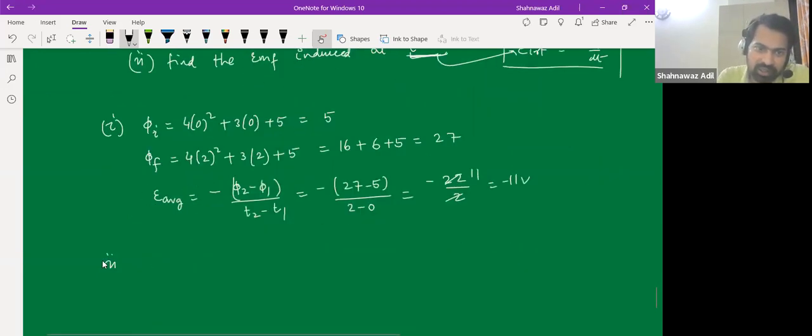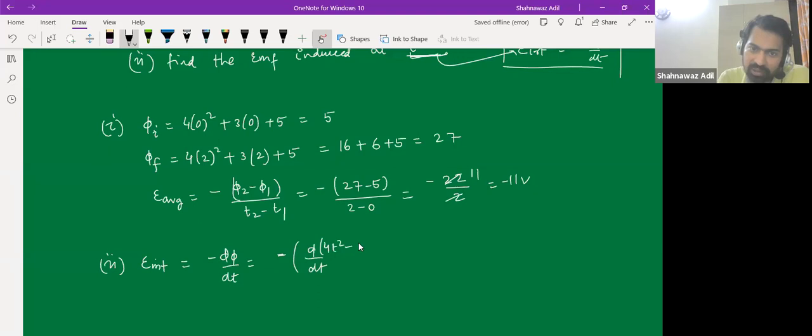Now the second is the instantaneous one. That is minus d phi by dt. This is minus of d by dt of phi, which is 4t squared plus 3t plus 5.